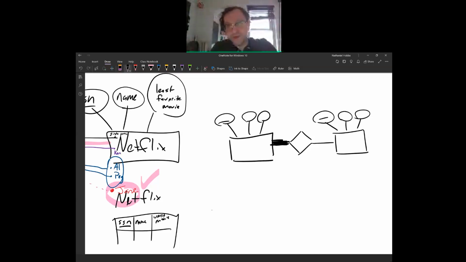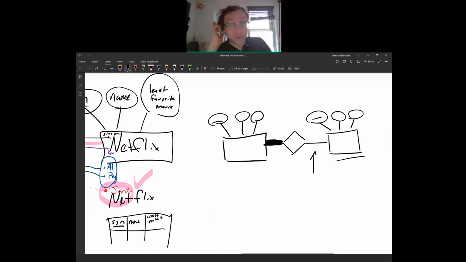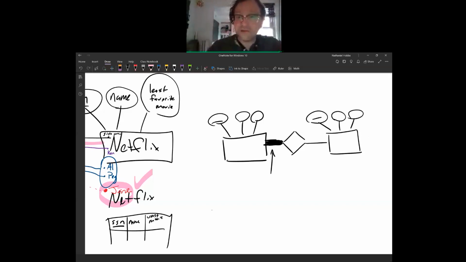Okay, so that's the format of what I'm trying to describe on the left with the pink lines. This is a thin line, which means that there's entries in here that might not participate in this relationship, and that's okay. But here, because it's a thick line, that means that every single point inside of here must, at least one time, be connected to this relationship somehow.